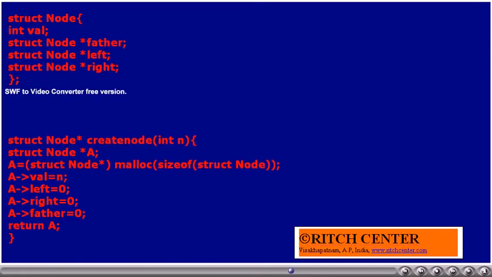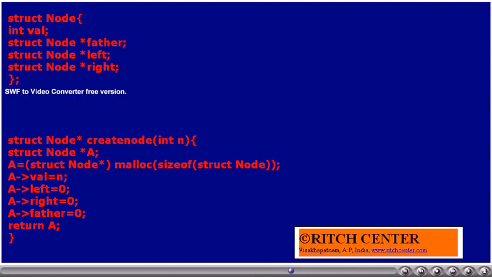We have modified our structure variable in such a way that it contains a father field in addition to the left and right fields. Also, the create node function is modified such that it assigns the father field value to 0.